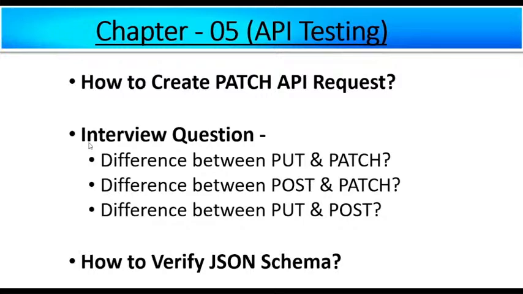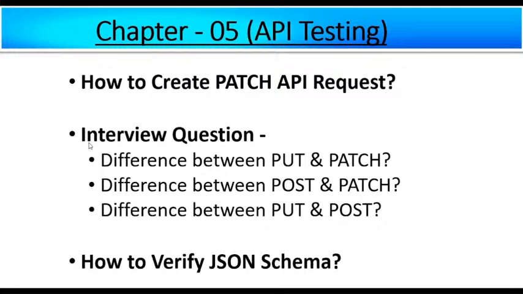And let's move on to the next topic, that is, what is the difference between post API request and the patch API request. In case of post API request, the type of method is post, and in case of patch API request, the type of method is patch. In the case of post, we use the post method to create a new resource in the application server.